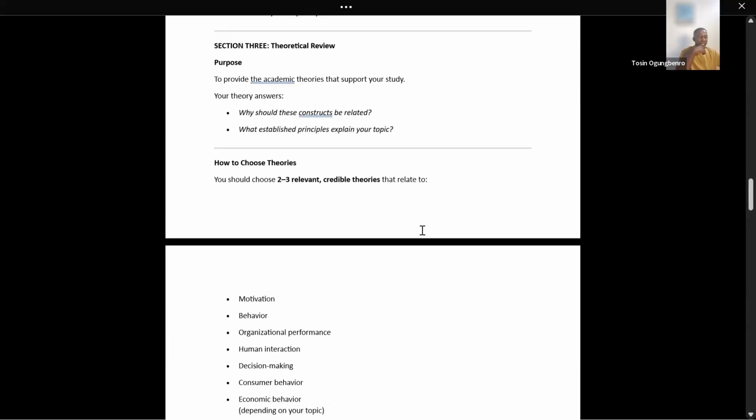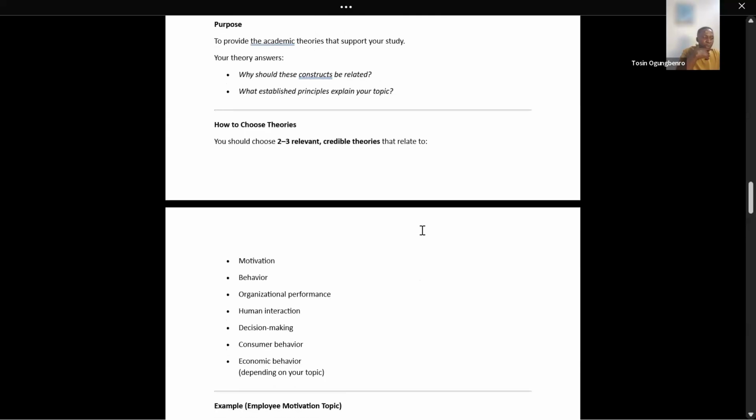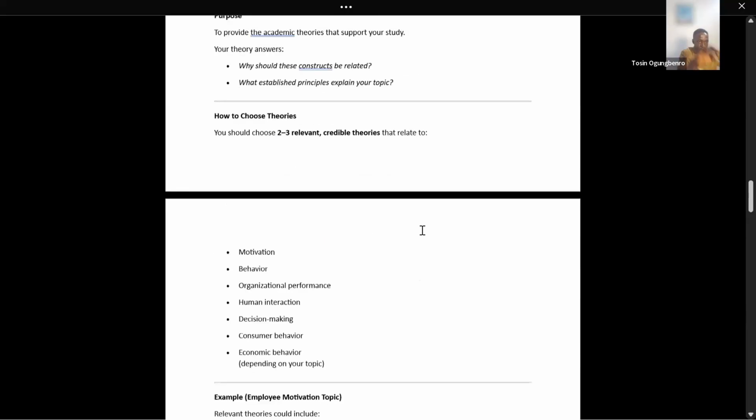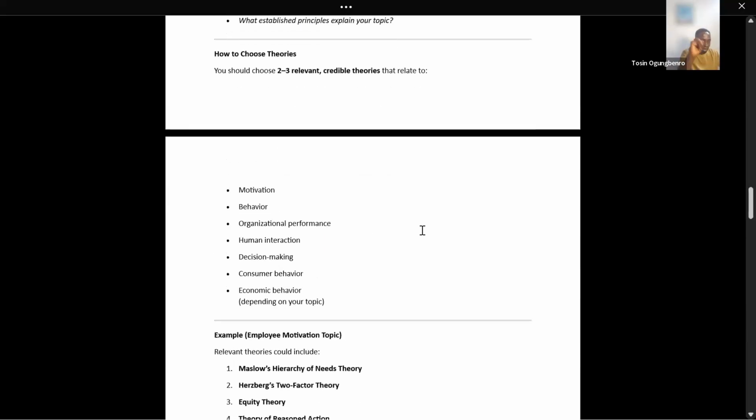So how to choose theories? You should choose 2 to 3 relevant, credible theories that relate to your topic. I'm using the example of the business topic we've been using since we began. So, for instance, behavior, motivation, organization, performance, human interaction, decision making.